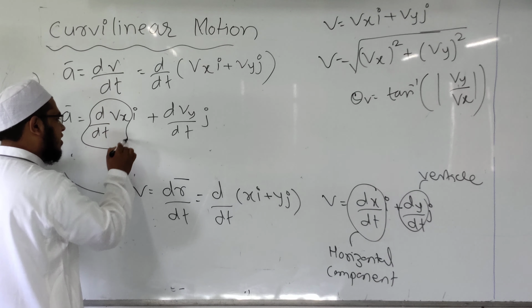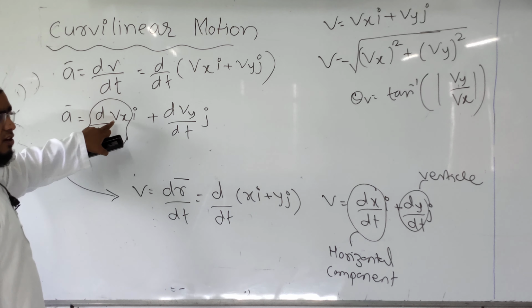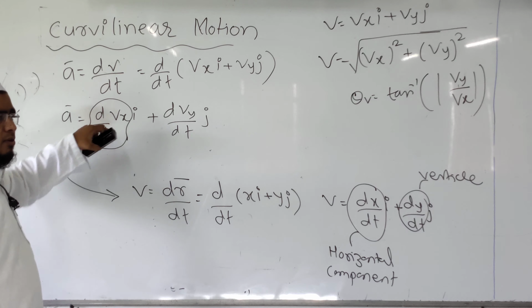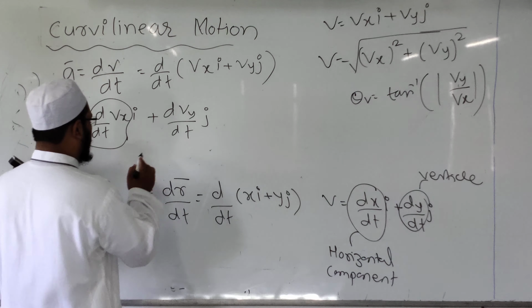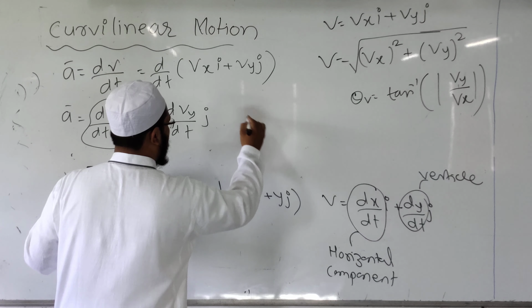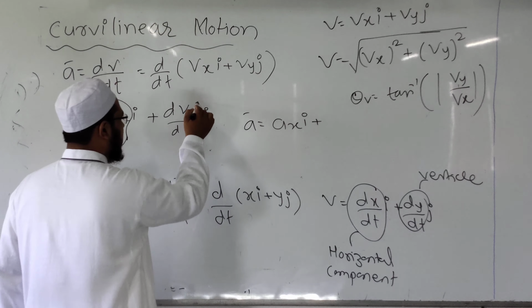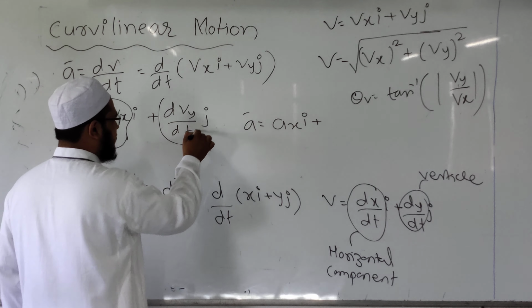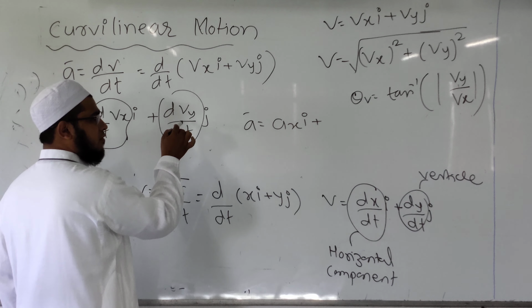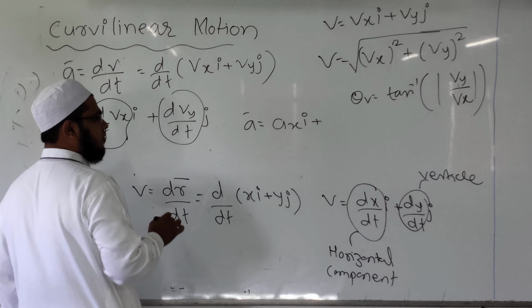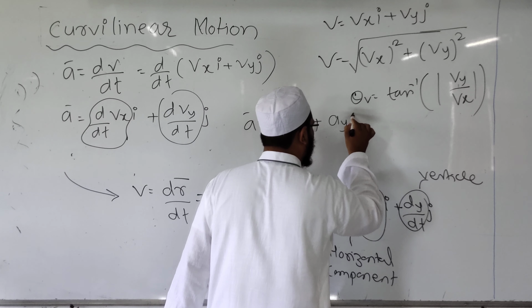It is the horizontal component of the acceleration, because the rate of change of velocity is acceleration. Similarly, dvy by dt is the rate of change of the vertical component of the velocity. That's why it is vertical acceleration, ay.